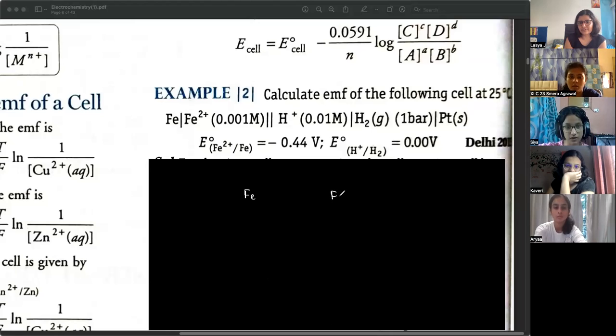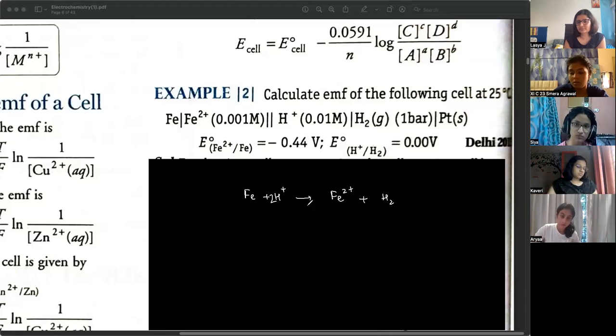Fe converted to Fe2 plus, and then H plus on the reactant side is getting converted to H2 gas. It should be balanced, so 2H plus. So this is your reaction. So this will be concentration of Fe2 plus divided by concentration of H plus squared.